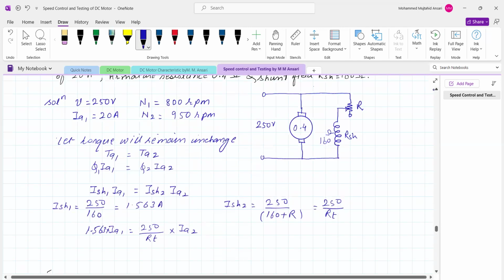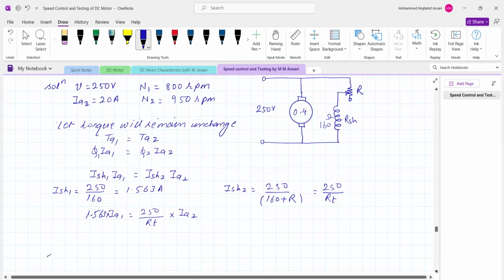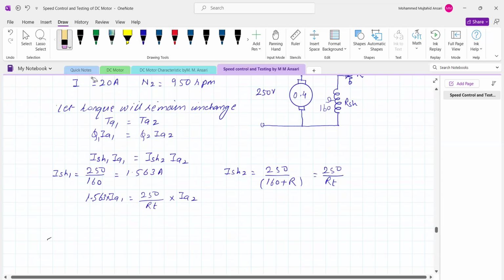So IA1 is equal to 250 divided by RT into 20 divided by 1.563, which is equal to 3198 divided by resistance RT. This is the armature current.